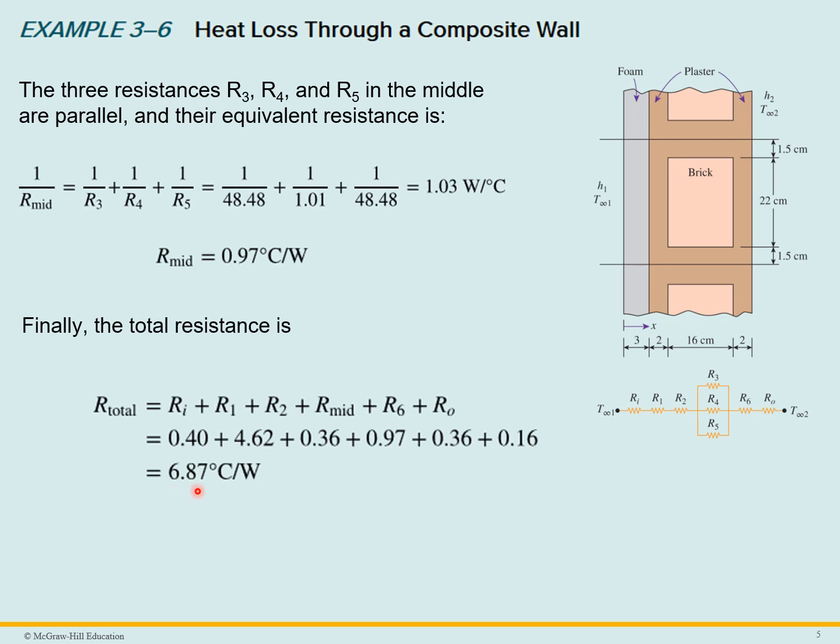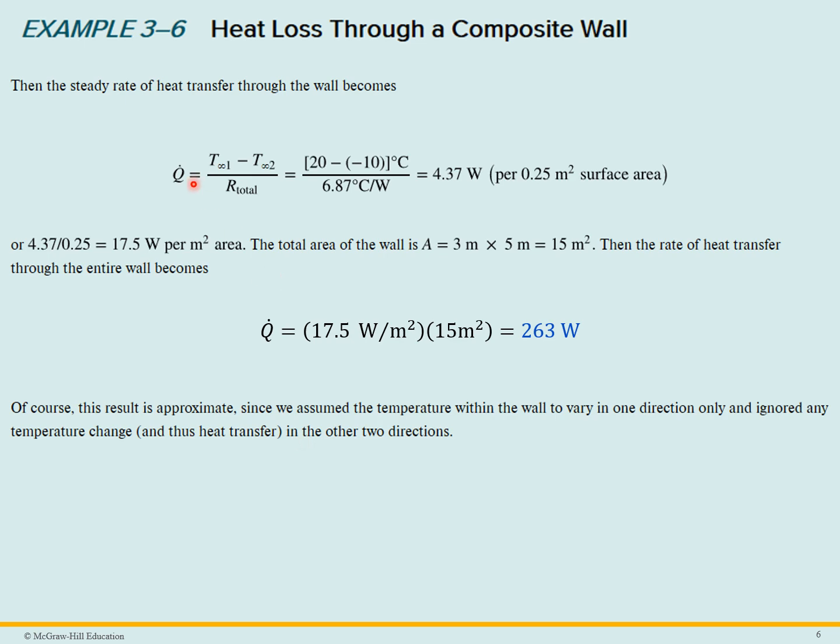So we get 6.87 degrees C per watt. Finally, we can calculate the heat transfer rate, Q dot. It's delta T divided by R total. We get 4.37 watts per 0.25 square meter surface area. So we divide the 4.37 watts by 0.25 meters squared, and we get 17.5 watts per square meter.